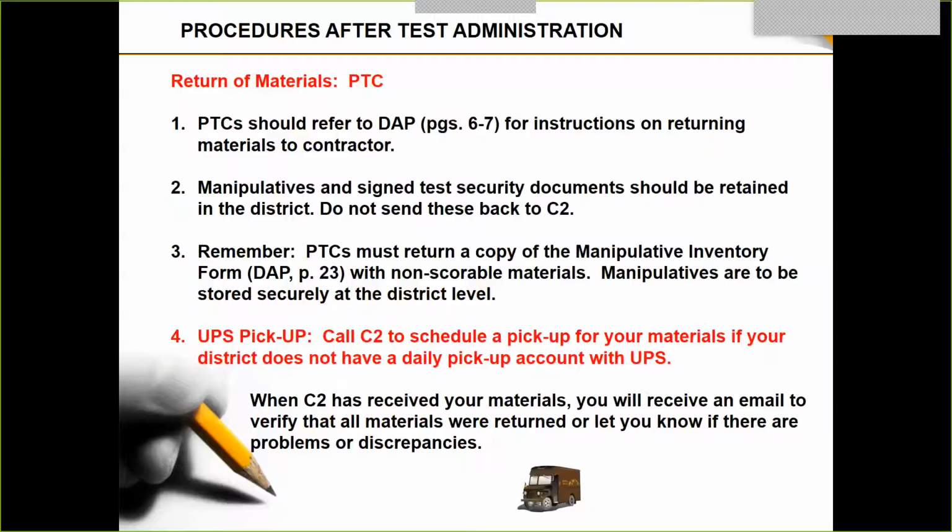You also have to return a copy of the manipulative inventory and non-scorable materials, and you turn the manipulatives back in to me, and I store them here at the district level. For UPS pickup, you call Carolina Consultancy to schedule a pickup for your materials. If you don't have a daily pickup account with UPS, then they will arrange that for you.